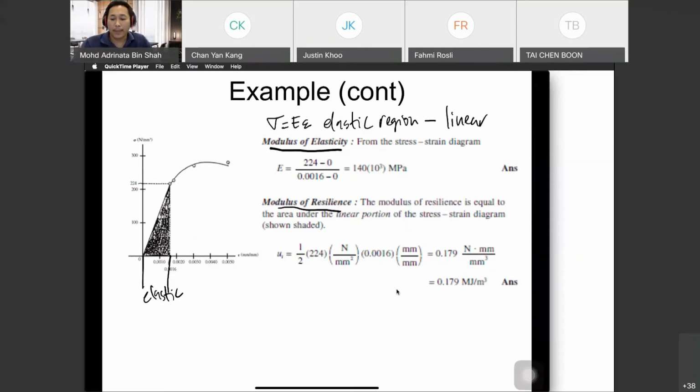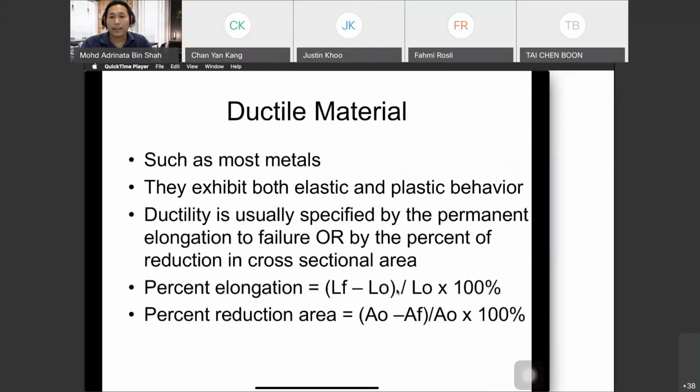Okay, faham eh? But after we have run the experiment, we find that there are two types of material. The first one is ductile, and the second one is brittle.